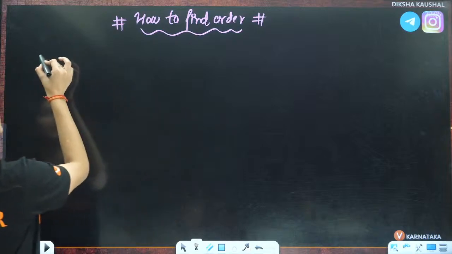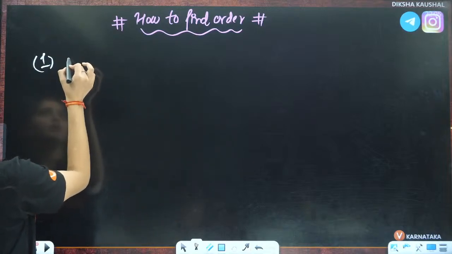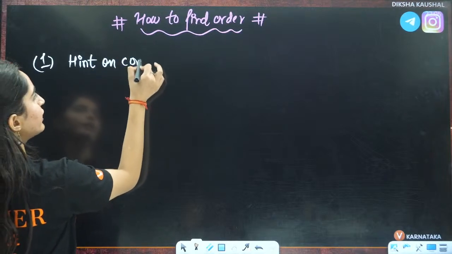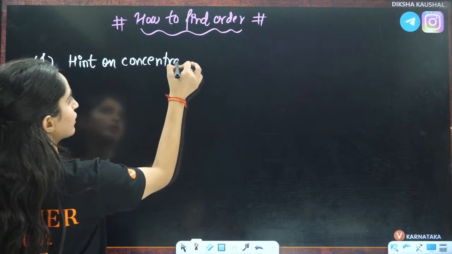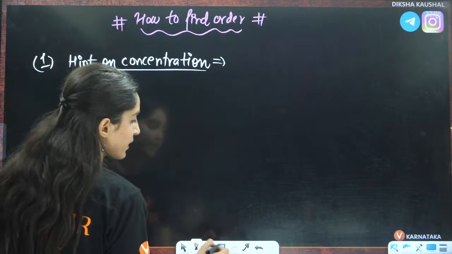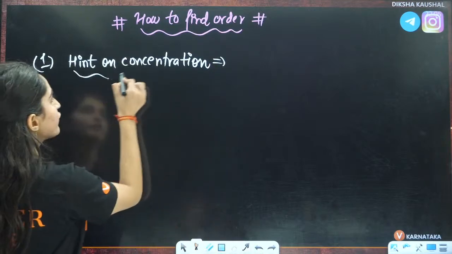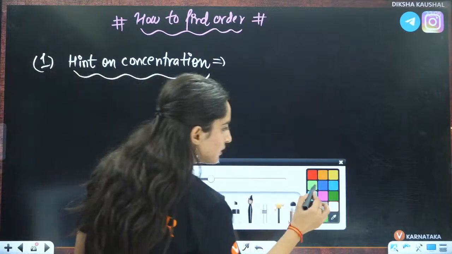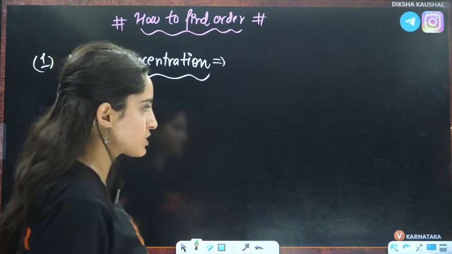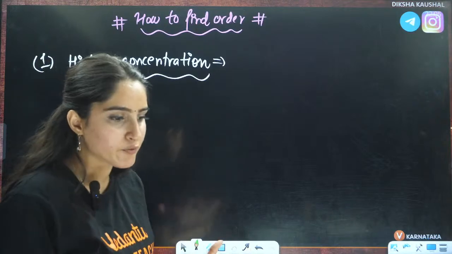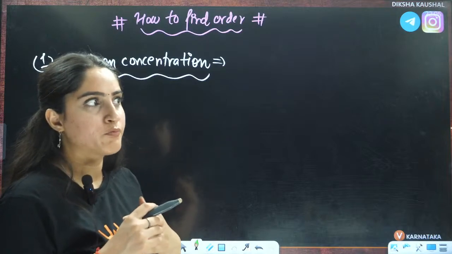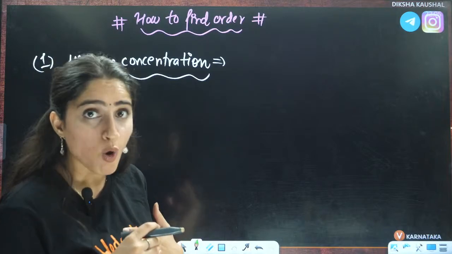First, if they have given you a hint on concentration, then what you will do, I will give you direct equations here, otherwise this is a very tough part. See what they will give you: the rate is doubled when the concentration is doubled, what is the order?